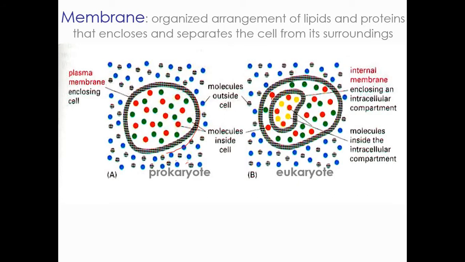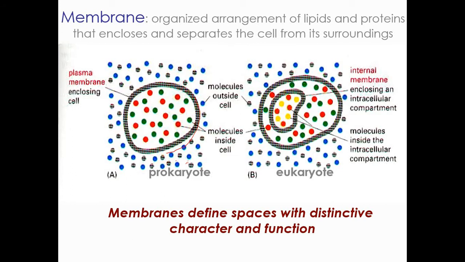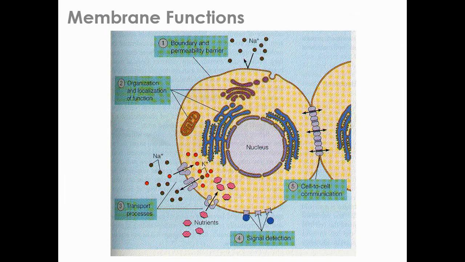And we have another internal membrane, which encloses an intracellular compartment, because in eukaryotes we have organelles, right? So we have internal membranes. Okay? So a function of a membrane is that it functions as a boundary, because membranes define spaces with distinctive character and function.